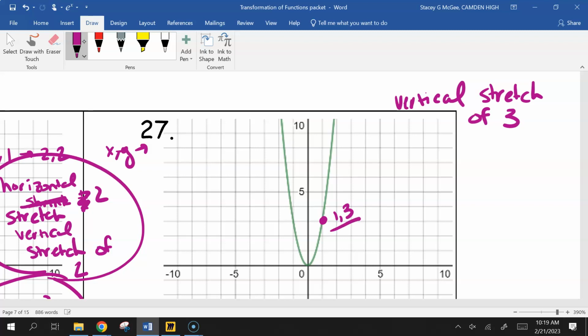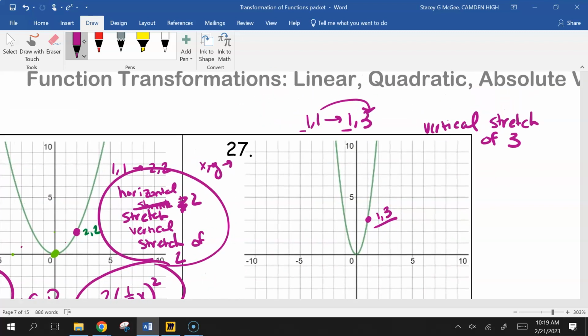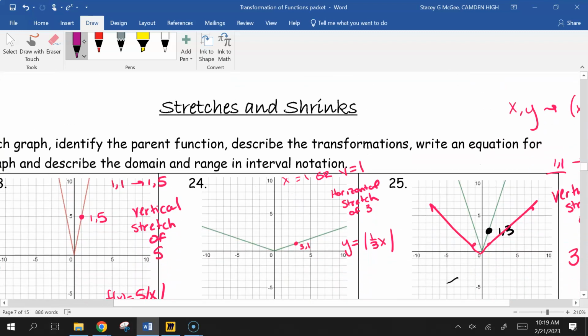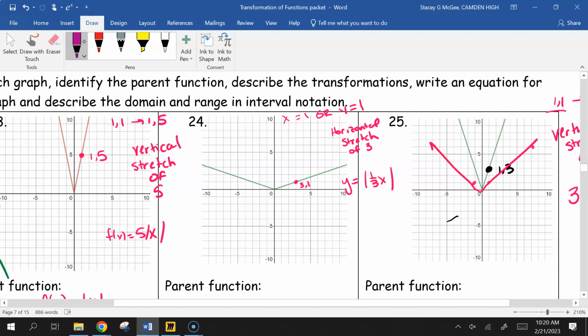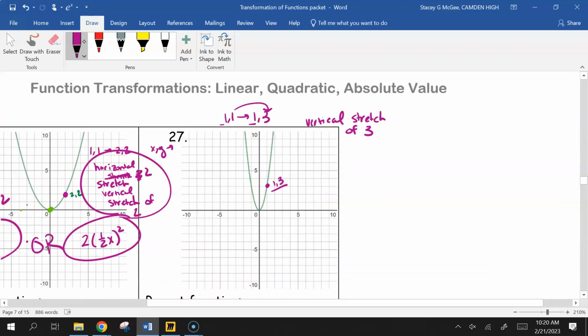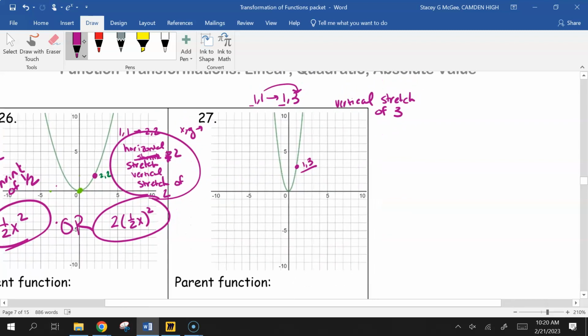So look at this. I started with 1, 1. It became 1, 3. The x stayed the same. The y is what changed. It went from 1, 1 to 3, 1. Vertical stretch of 3.